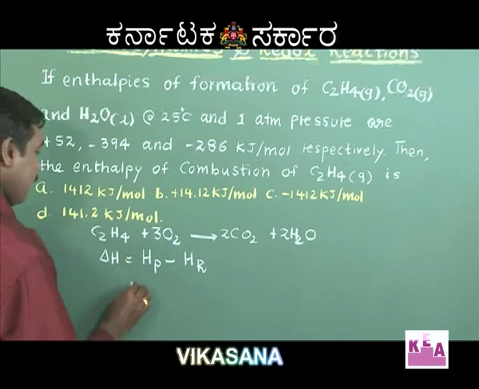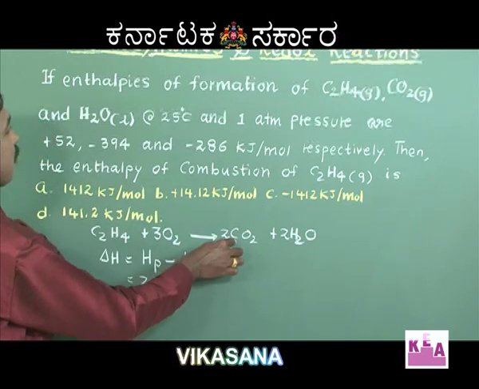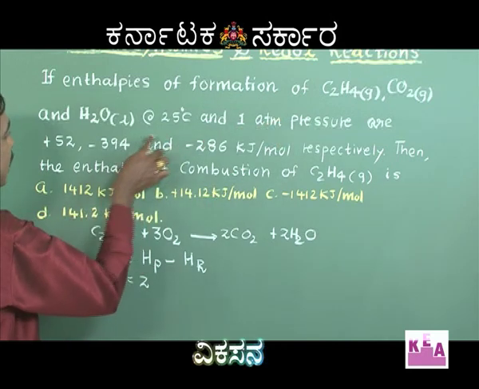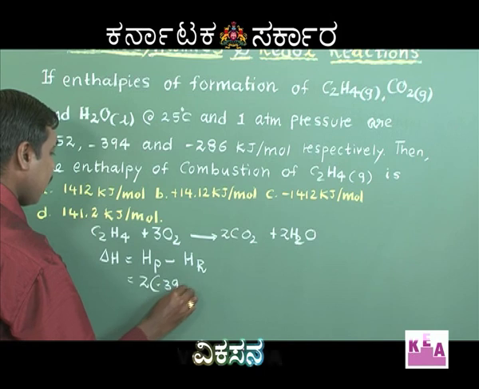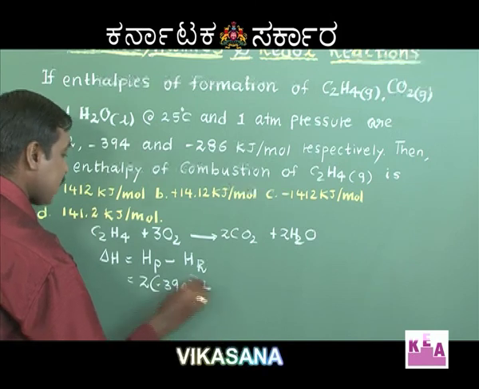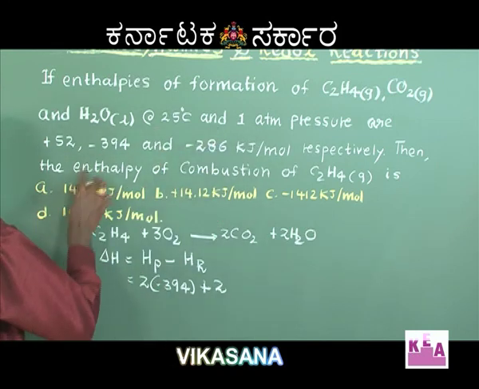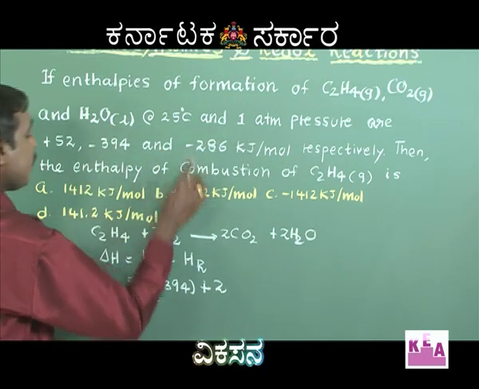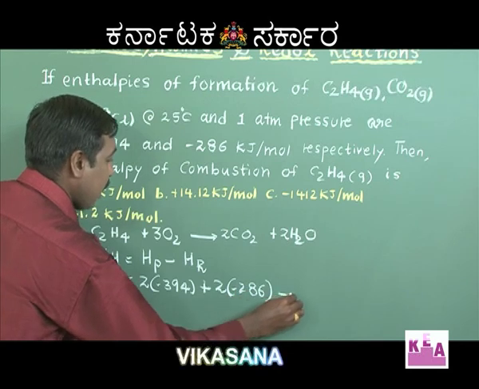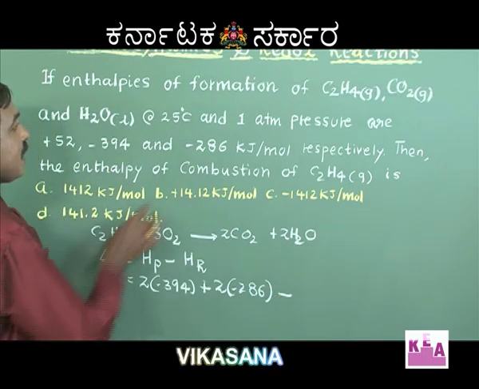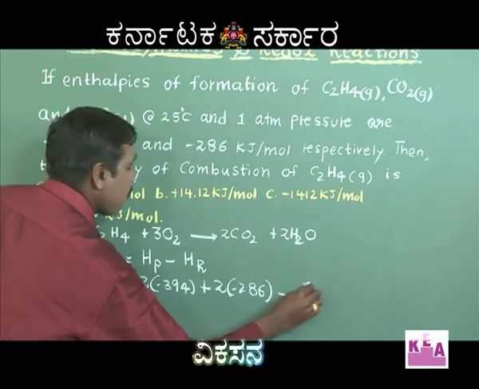I understand that it is 2 times the enthalpy change for carbon dioxide, which is minus 394. I am writing minus 394, plus 2 times that of water, the enthalpy change for water is minus 286. Then I have for ethene, which happens to be plus 52.